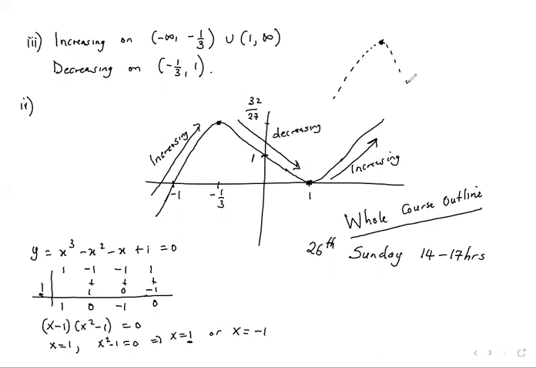For another point to be minimum, it was decreasing, then it started going up. Then you call it minimum. So when it is increasing, we say this is the increasing interval, then decreasing interval, then increasing interval.